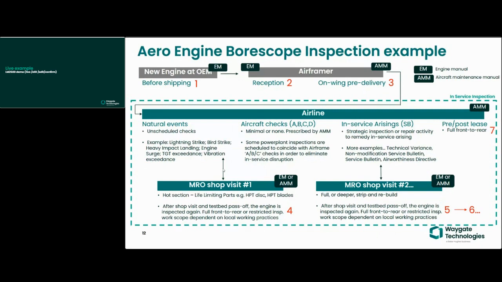And there's a series of unplanned or unscheduled arisings, whereupon certain environmental issues or operational issues arise that mandate the subsequent inspection of that engine. So these are time-consuming, sometimes planned or not planned, arisings where the inspection of the engine is mandated.